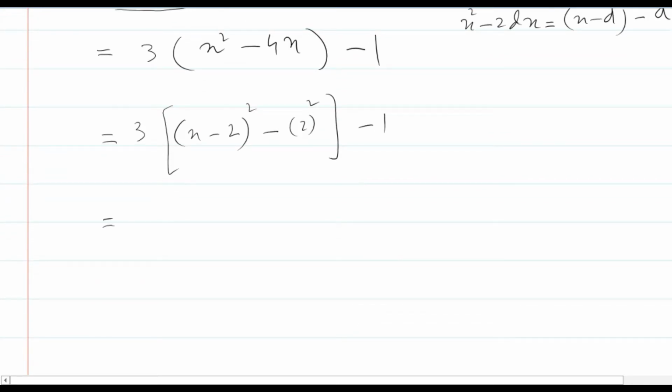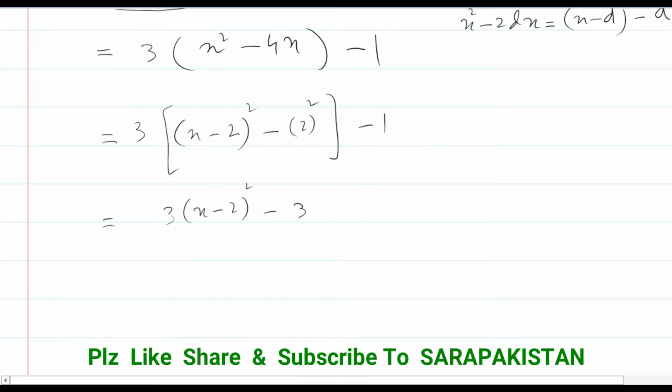On simplification you will get 3 times (x minus 2) whole square minus 3 times 4 minus 1.